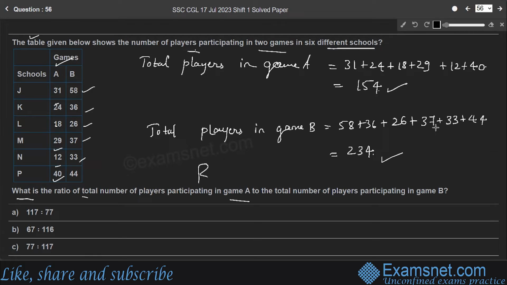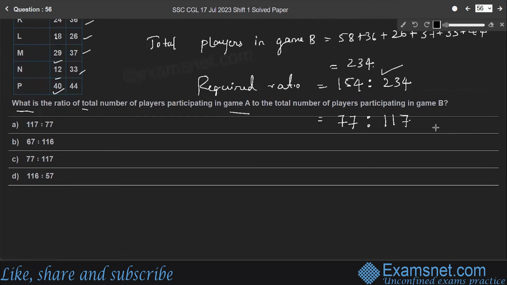So the required ratio is total number of players in game A to game B. You can go for division by 2. So 2 into 7, 2 into 7, 2 into 1, 2 into 1, 2 into 7. Yes, 77 is to 117 is the required ratio. Therefore, option C is the right answer.